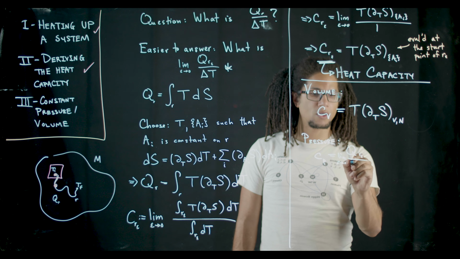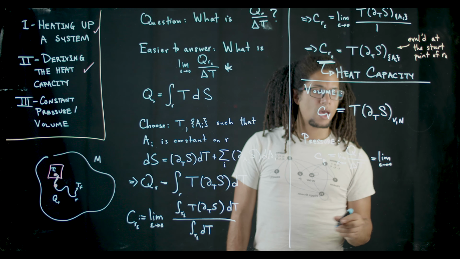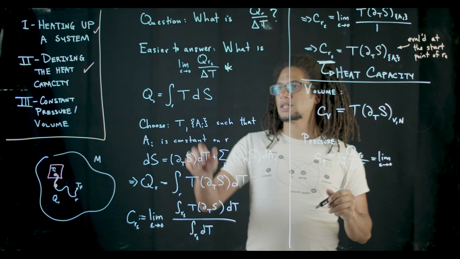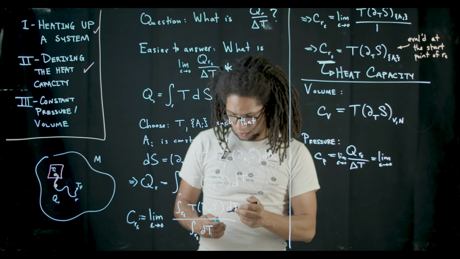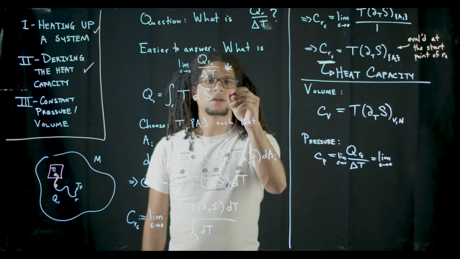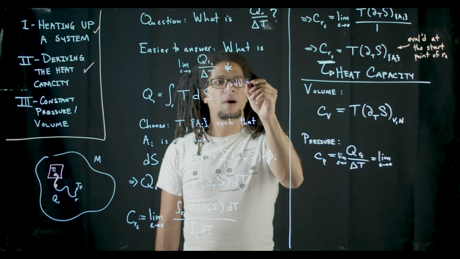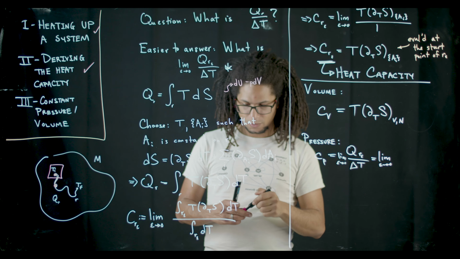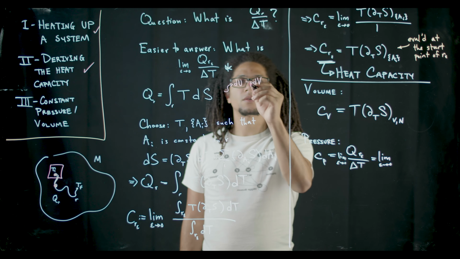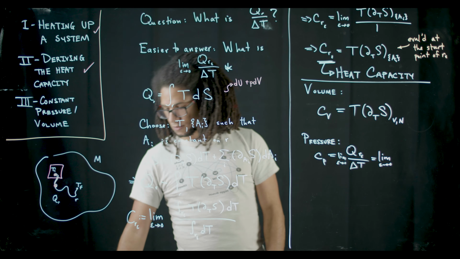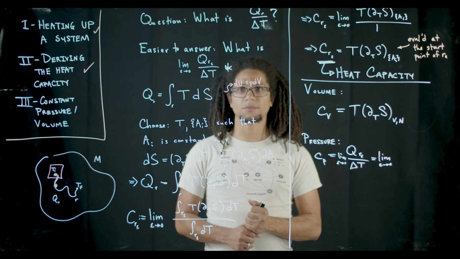So this is going to be the limit of Q over delta T. And what I'm going to do in this case is instead of plugging in T dS, I'm going to say that T dS is itself equal to dU and then minus P dV. I'm sorry, sign error, plus P dV, where I've used the infinitesimal first law of thermodynamics to make that substitution.